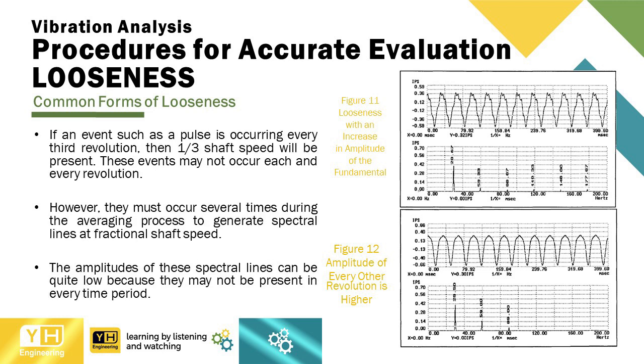If an event such as a pulse is occurring every third revolution, then 1/3 shaft speed will be present. These events may not occur each and every revolution. However, they must occur several times during the averaging process to generate spectral lines at fractional shaft speed. The amplitudes of these spectral lines can be quite low because they may not be present in every time period.